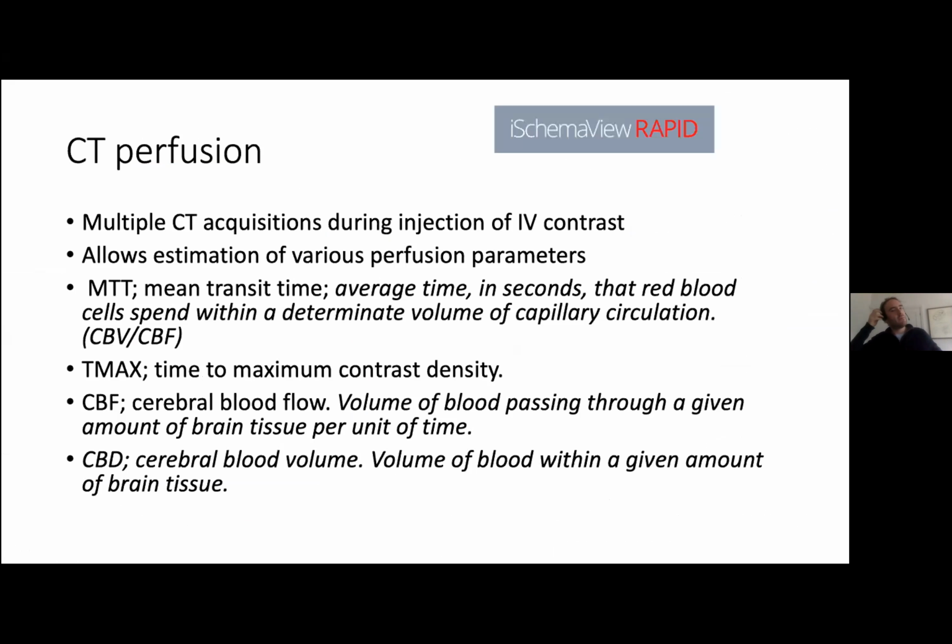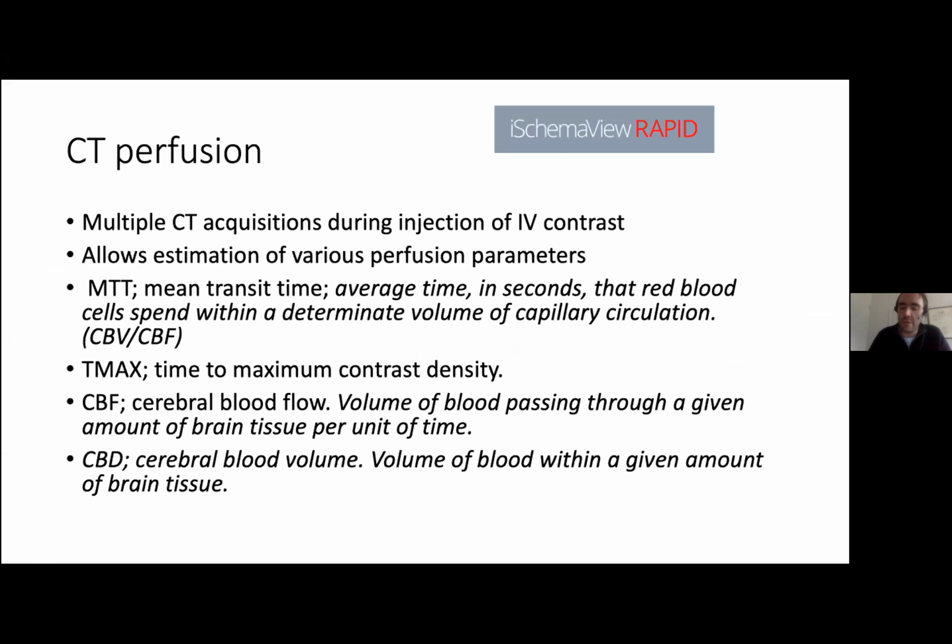CT perfusion. I don't know if Reka's already spoken to you about CT perfusion, but it's whereby you get an indication of the cerebral blood flow. You give the patient contrast, and then you take lots and lots of CT scans over a period of time.